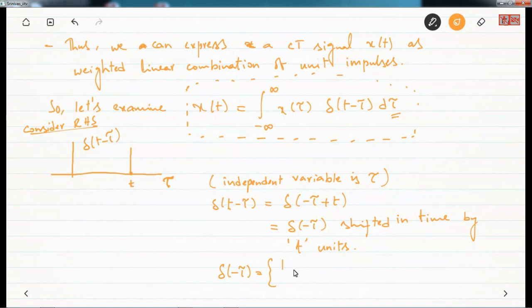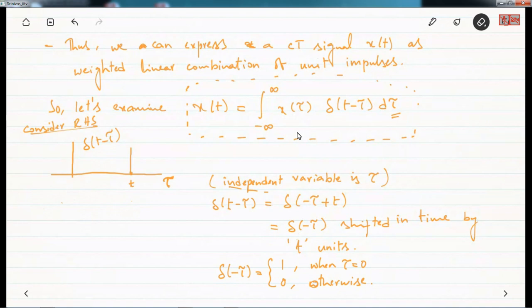That is equal to 1 when tau is equal to 0 and 0 otherwise. I have written tau as the independent variable, so no need to write this again.